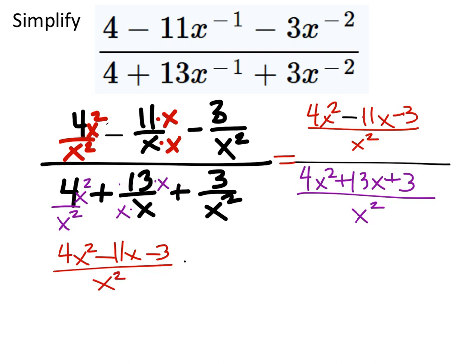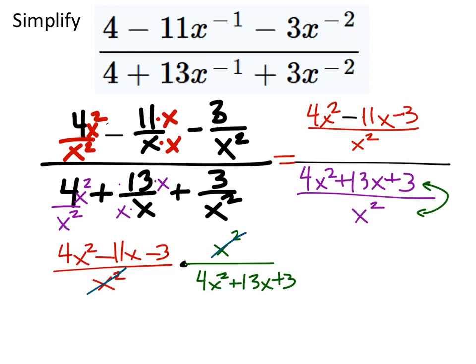But I'm going to change this right now to multiplication and reciprocate my denominator here. So that would be x squared over 4x squared plus 13x plus 3. And from here we can see the x squareds cancel, which is pretty nice.